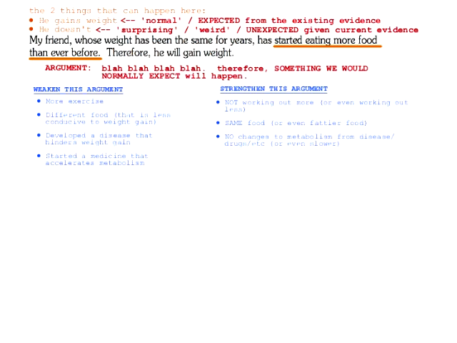All right, that's what's going on here. In this case, the weight gain is something we would normally expect. So to weaken this, notice you are coming up with reasons why the weird thing would happen.